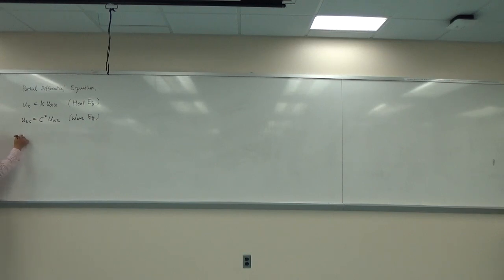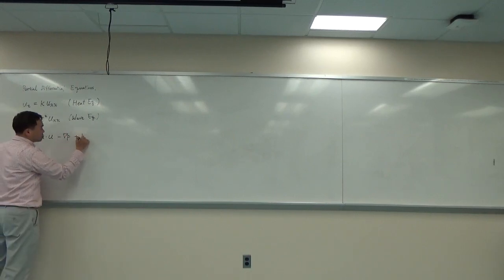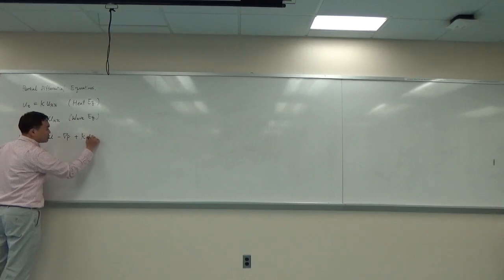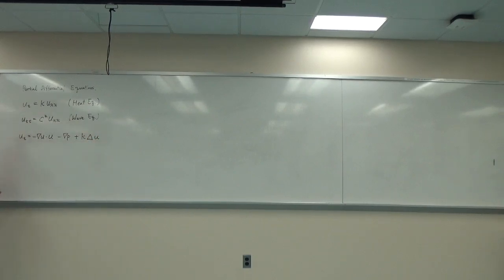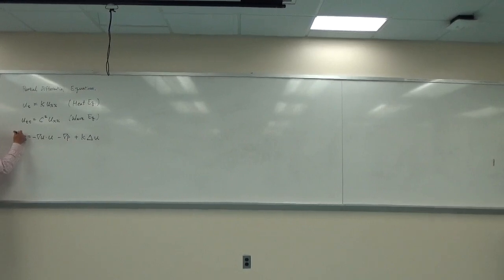There's u_t equals minus the gradient of u dotted with u, and then minus the gradient of p, plus some k times this one, where u is a vector valued function.